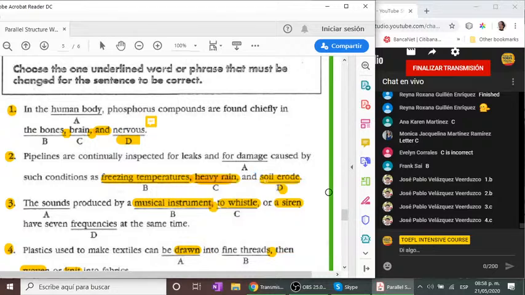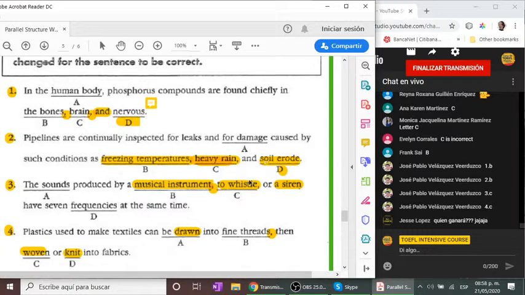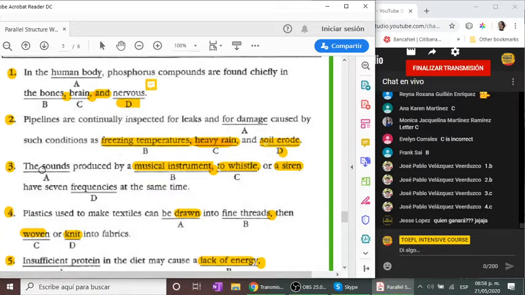Okay? Fíjense cómo aquí les meten un verbo, chicos. Que no te erode es el verbo. I erode, you erode, they erode. Anything that can be conjugated is a verb. Anyway, number 3.